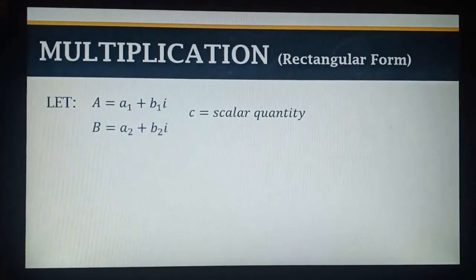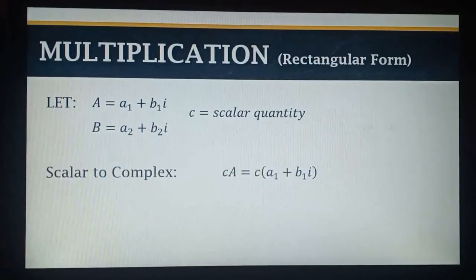Next operation is the multiplication in rectangular form. So let's say you have complex A again as A1 plus B1i, then B as A2 plus B2i, then C as a scalar quantity that is pure real, which is a real number. So let's say you have to multiply a scalar to a complex number.